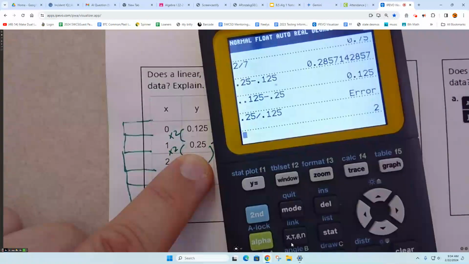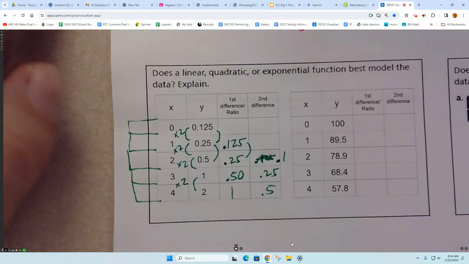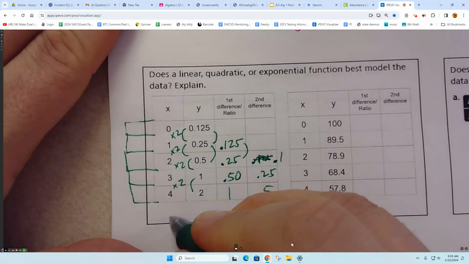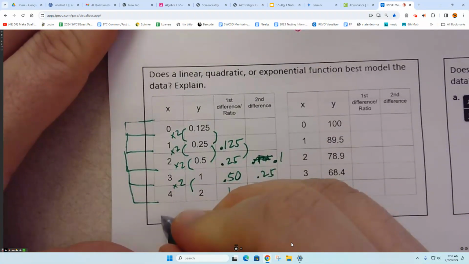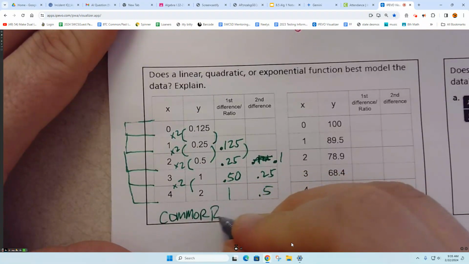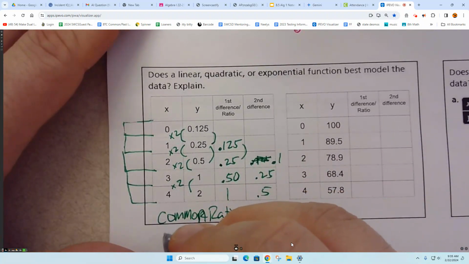I get that it's being times by 2. So that means it's exponential. If we have a common ratio, then it's exponential.